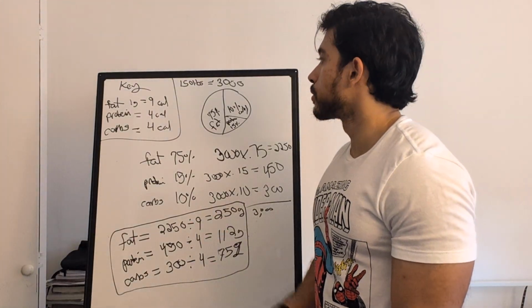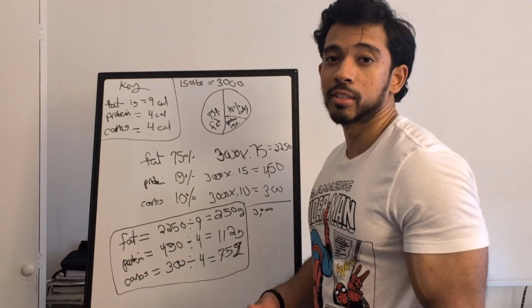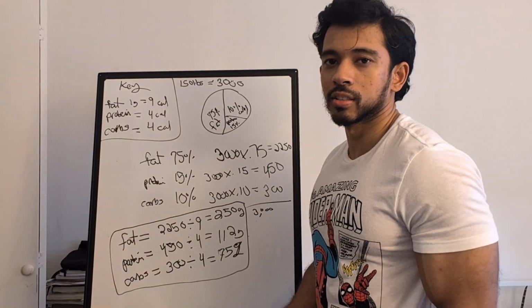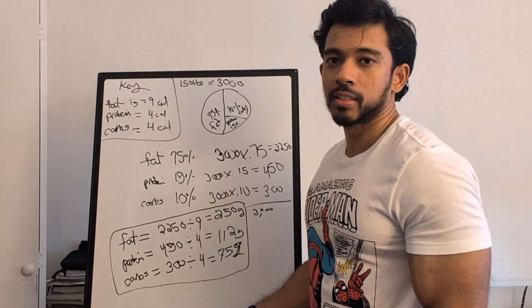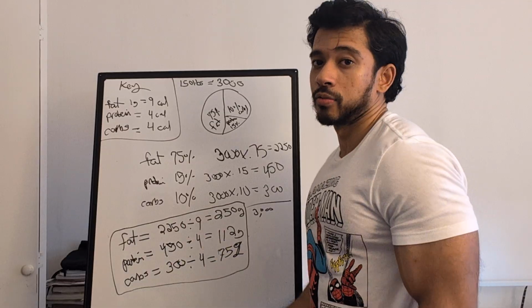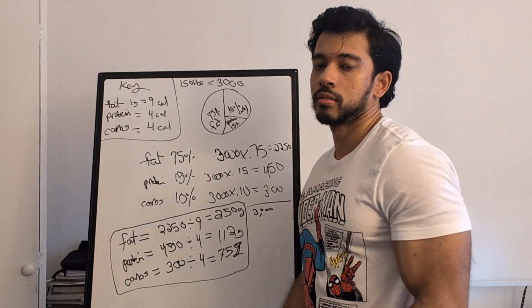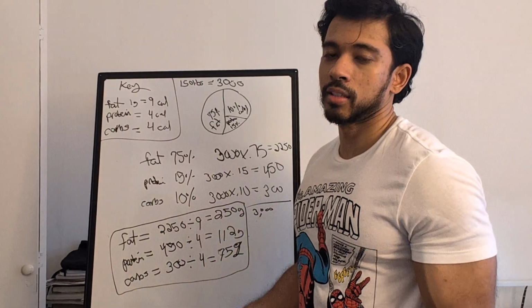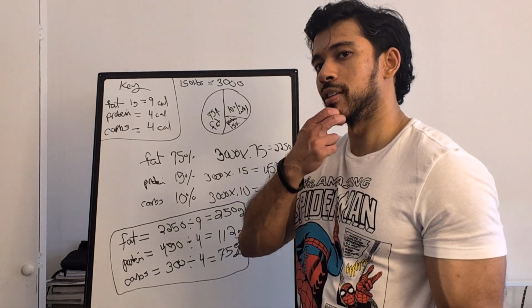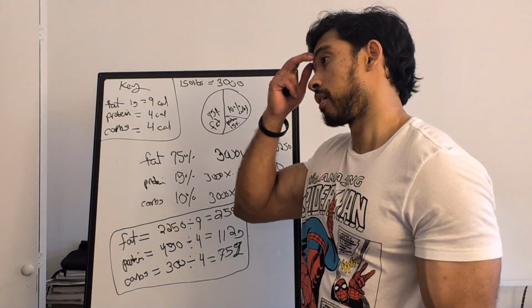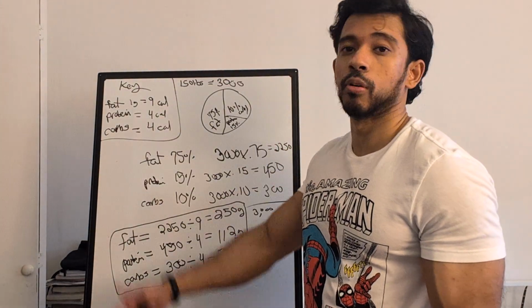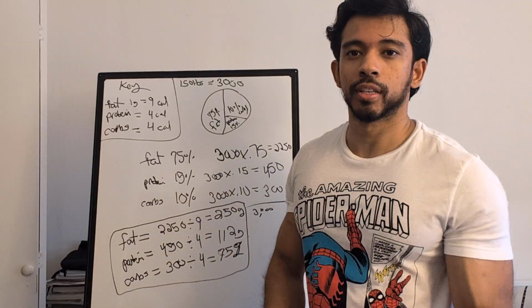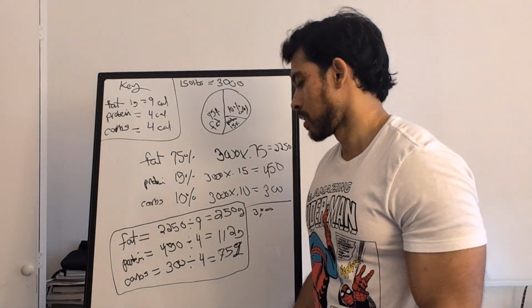But that's just a good rule of thumb in terms of knowing how many calories to eat. We're just simplifying it: times 10 is to lose, times 15 is your maintenance, times 20 to gain. Your body weight times those numbers will give you the desired benchmark for what you're supposed to hit depending on your goal.